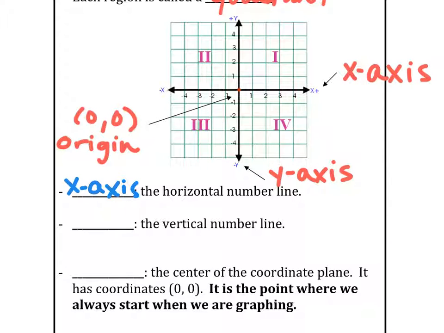And then we have the vertical number line, which is your y-axis, works like a physical thermometer, where the top is positive and below is negative. And then we already said that the origin is the center. It has coordinates of 0, 0. It is the point where we always start when we are graphing.